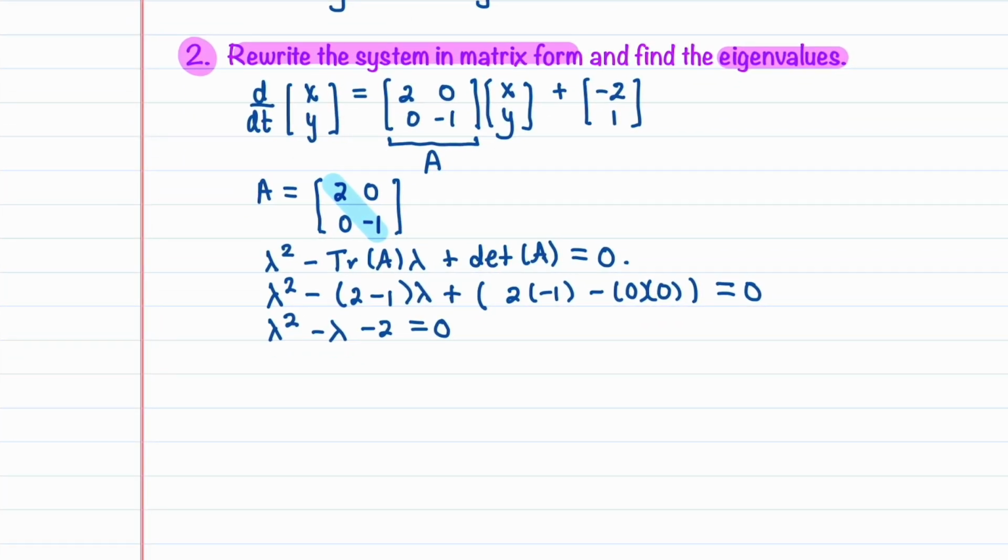To find lambda, all we have to do is factor this. We can factor this as (lambda minus 2) times (lambda plus 1), set that equal to 0, and we get that lambda is equal to 2 and negative 1. Before we go on to step 3, let's go back up here and look at this matrix again. It is a diagonal matrix.